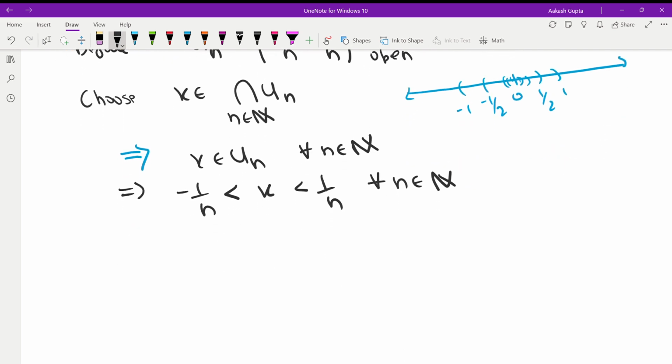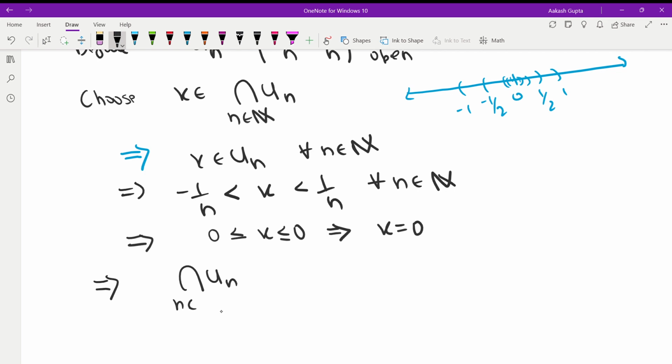So by which theorem, guys? Squeeze theorem or sandwich theorem, you will have 0 less than or equal to x less than or equal to 0. So this implies x has to be 0. If you have any point in this intersection, it has to be 0. So the intersection of U_n, n in N, is the singleton 0, right?